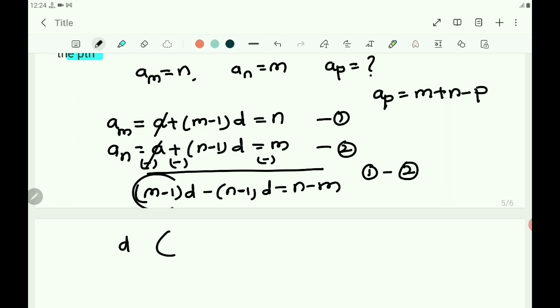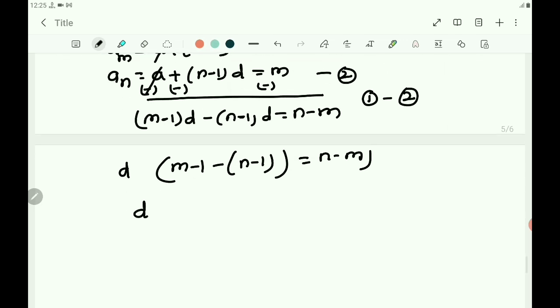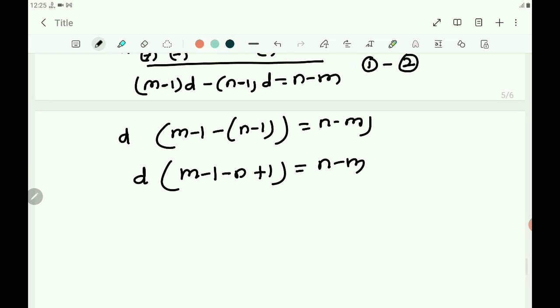In the bracket, m minus 1 is remaining, and n minus 1 is remaining, equals n minus m. Then d into m minus 1, open the bracket for this. As there is a negative sign before the bracket, minus n it becomes, minus into minus plus 1, equals n minus m. Then d into minus 1 plus 1 cancels, m minus n equals n minus m.